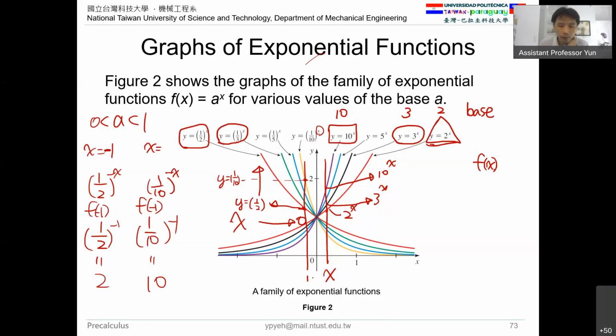Okay, in this case, because you see that this function was reflected with the y-axis, which means this part will be the negative sign of the x, and the x here will be the positive. I think you can see that based on the zeros. Okay.